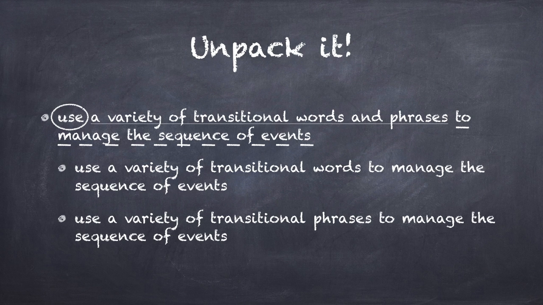And then the concepts, or the what, I have underlined a variety of transitional words and phrases. And then the context is that students need to be able to use this skill to manage the sequence of events. So students can use a variety of transitional words to manage the sequence of events, and students can use a variety of transitional phrases to manage the sequence of events.